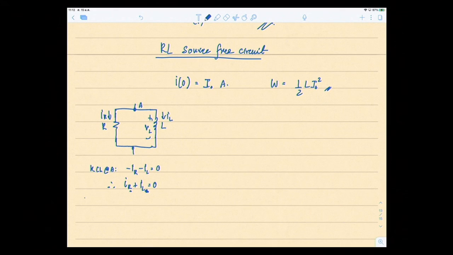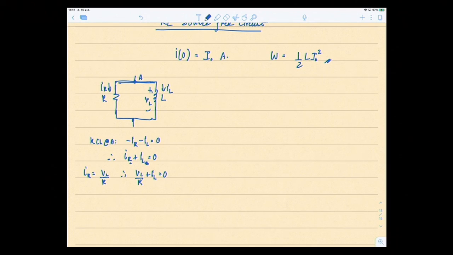The only thing we know is Ohm's law, so IR is V over R, and this V across R is the same as VL. So it's VL over R plus IL equal to 0, but still not in terms of IL.